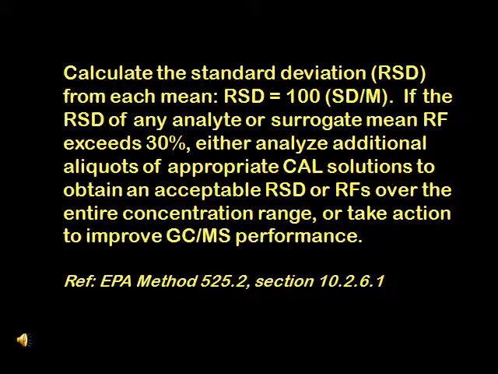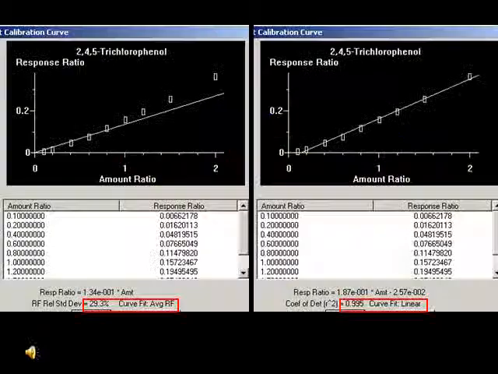If the RSD of any analyte or surrogate mean RF exceeds 30%, either analyze additional aliquots of appropriate cal solutions to obtain an acceptable RSD or RFs over the entire concentration range, or take action to improve GC mass spec performance.